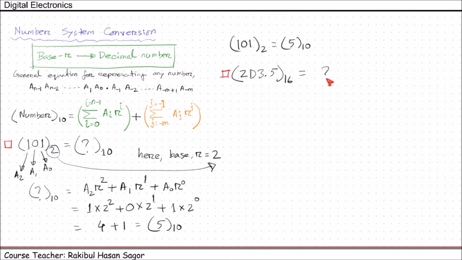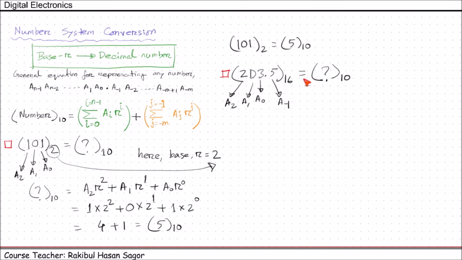What is the corresponding value in decimal? Here we have an integer part and a fractional part. This 3 is our A0, this D is A1, and this 2 is A2, and this 5 is our A minus 1. Only one digit is available in the fractional part.